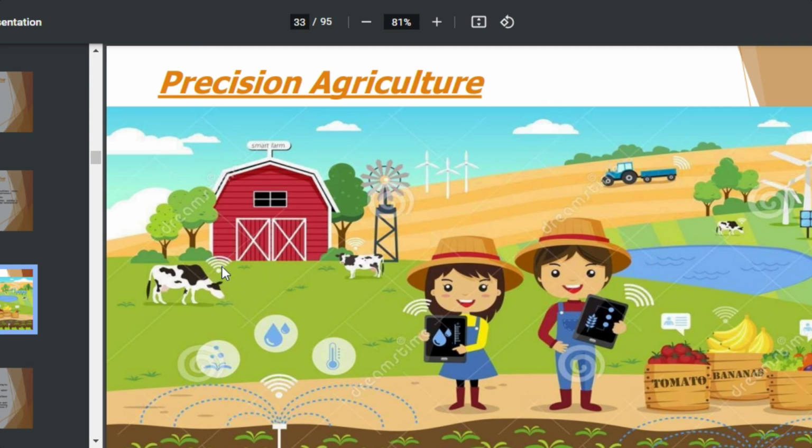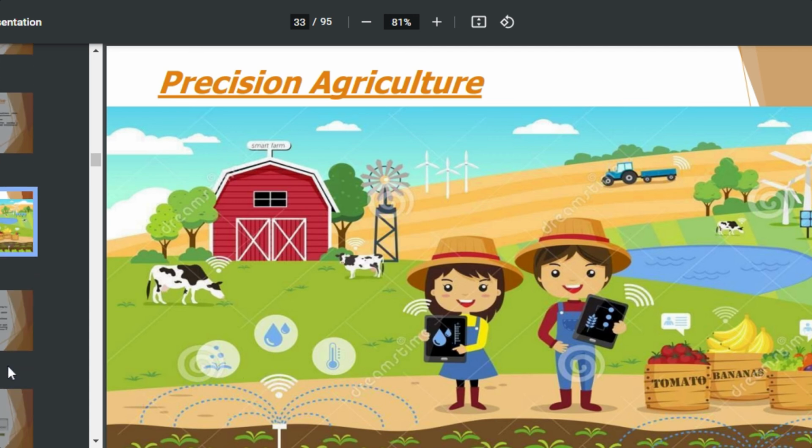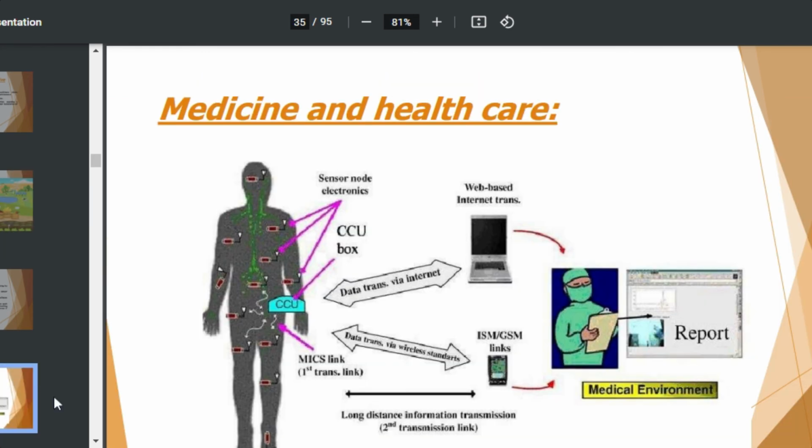In order to identify the breeding nature, to have a smart farmhouse, to analyze the humidity and temperature, to understand the growth of the plant, to identify the longevity of the crop, and the quality of the soil, everything can be analyzed by making use of this wireless sensor network.